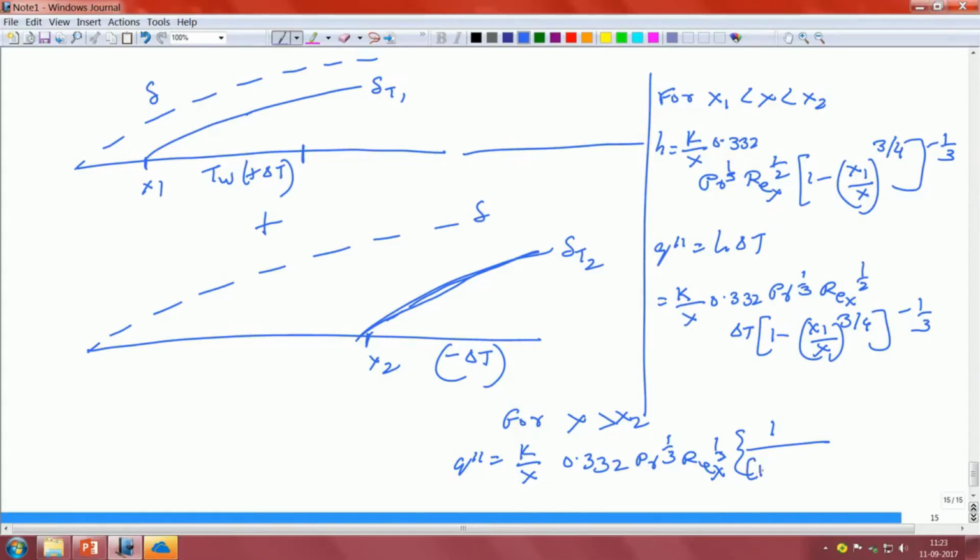So it is 1 minus (x1 by x) to the power of 3/4, to the power of minus 1/3, minus 1 minus (x2 by x), sorry, to the power of 3/4, raised to the power of minus 1/3. This entire thing is multiplied by delta T.